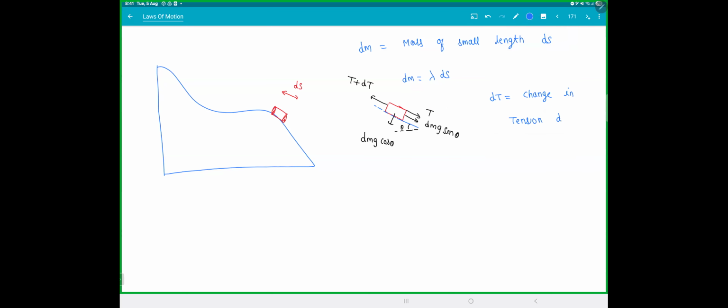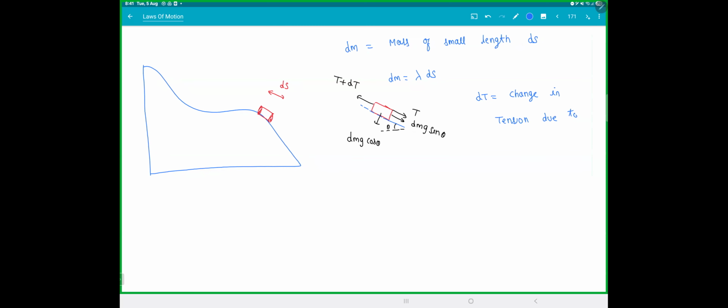This is the change in tension due to ds. You can clearly see here, this dm g sine theta is increasing the tension by a small amount, isn't it? So as you're climbing the incline, for every small dm g sine theta, the tension will keep increasing. Theta is the angle of inclination, which is changing at every point.